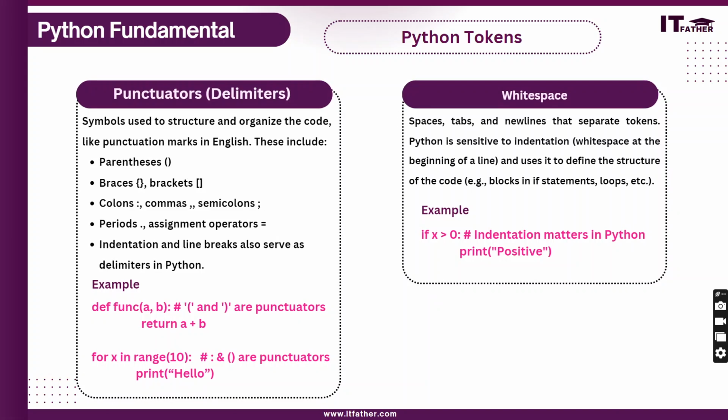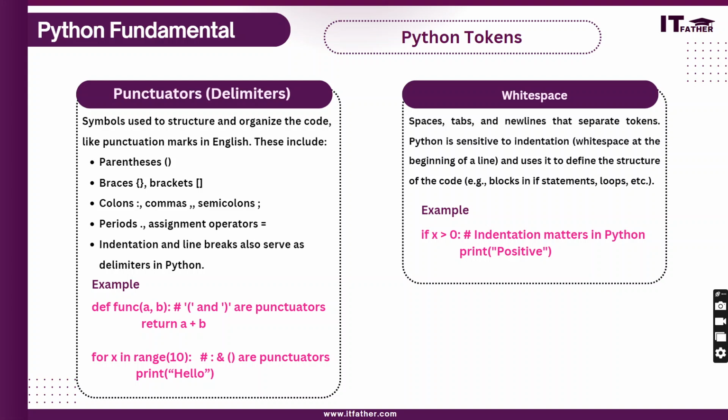Now we have punctuators and white spaces in Python. Punctuators are symbols used to structure and organize the code, like punctuation marks in English. These include parentheses, braces or brackets, colons, commas, semicolons, periods, and indentation.